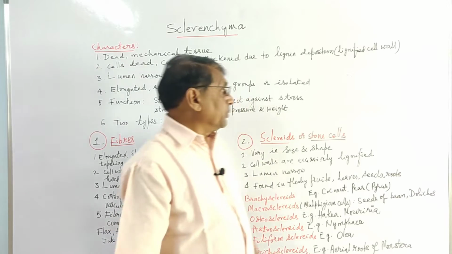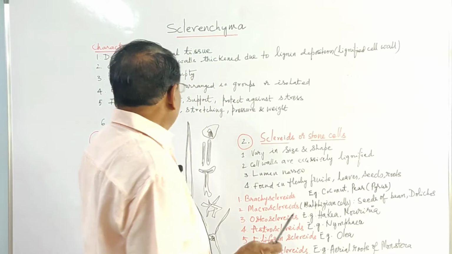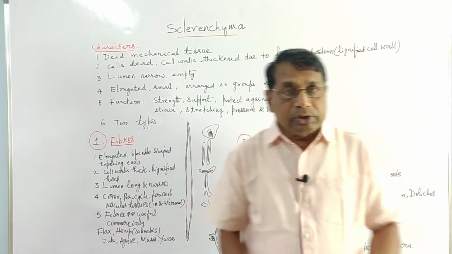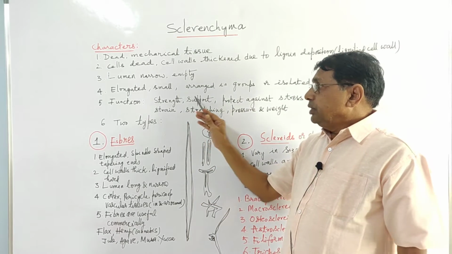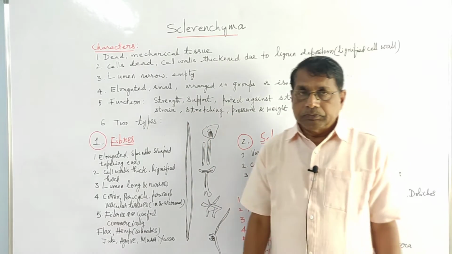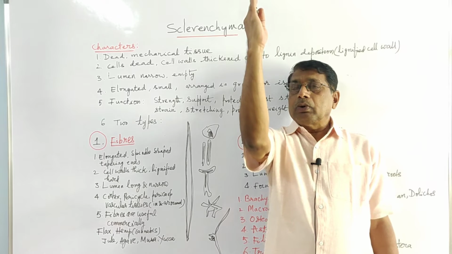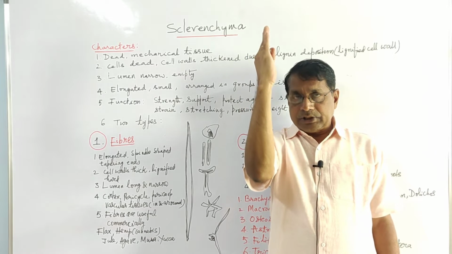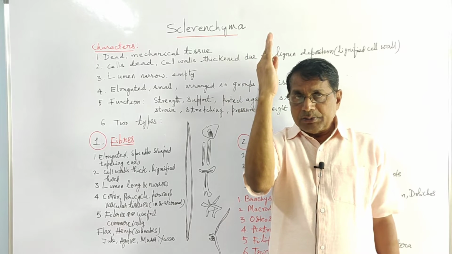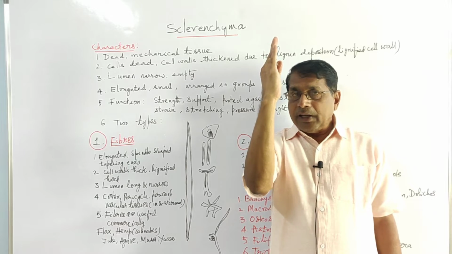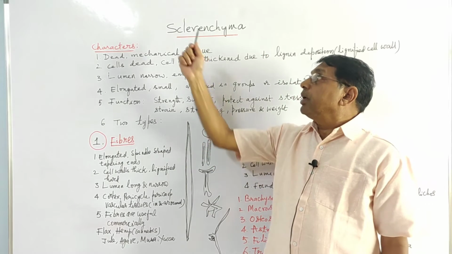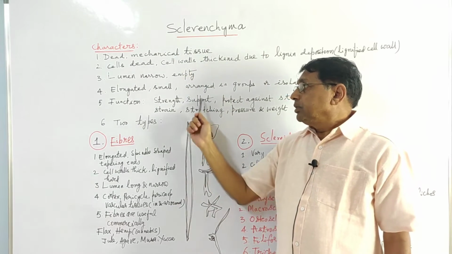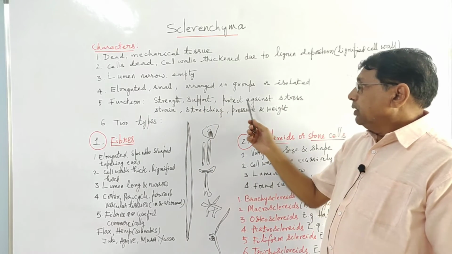Individually they occur. Then the function on the whole is strength and support. Suppose a young plant has to grow erect. So it needs some strength to stand erect. That is provided by sclerenchyma, strength and support.